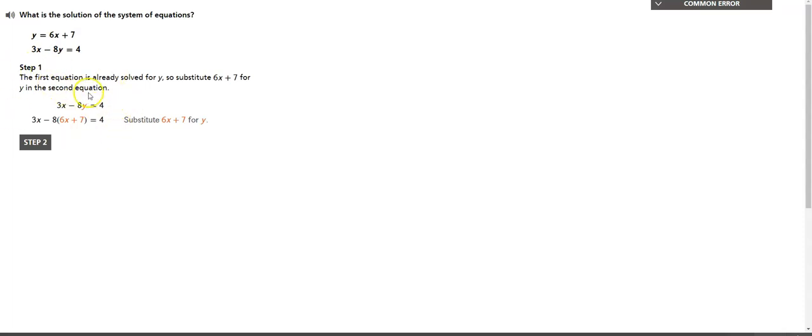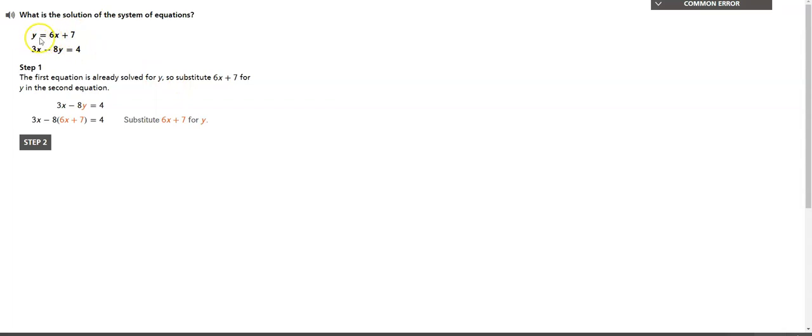Okay, so in this one, and again, remember to write down your steps in the corner of your book. The first step for solving with substitution is getting an equation solved for y or x. This first equation is already solved, so we're just going to substitute.